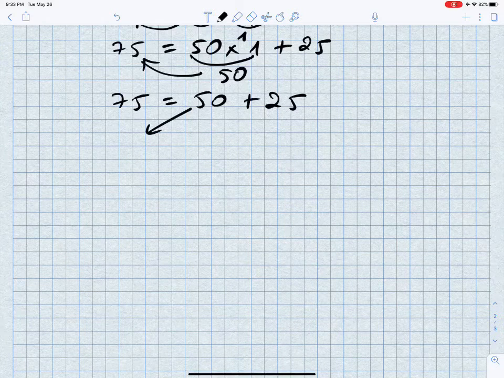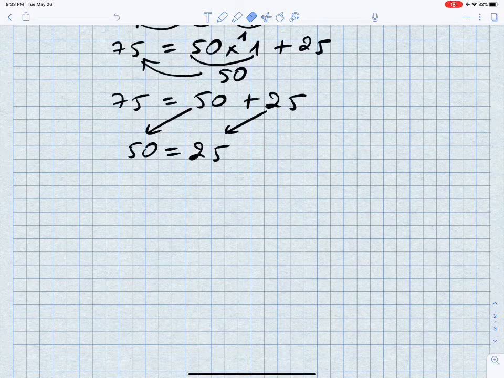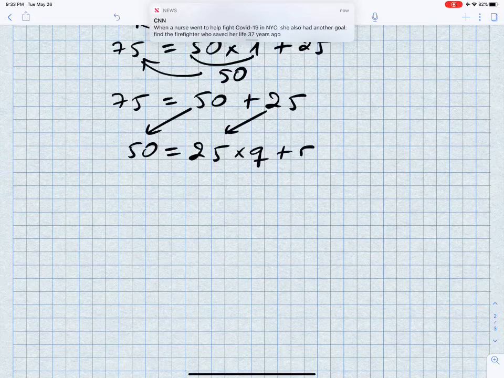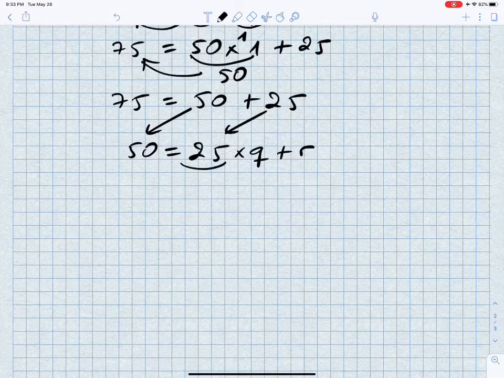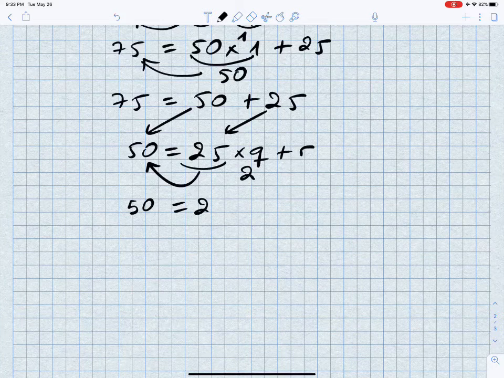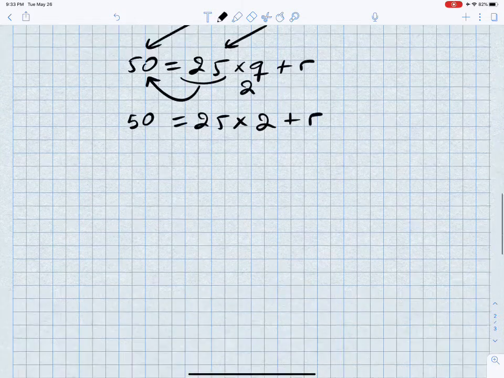All right, so we repeat the whole process again. We move 50 and we move 25. So we have that 50 is equal to 25 times some quotient plus some remainder. So how many times does 25 go into 50? Well, it goes twice. So we have that 50 is equal to 25 times 2 plus some remainder.